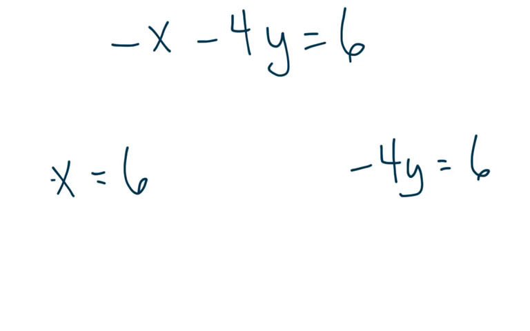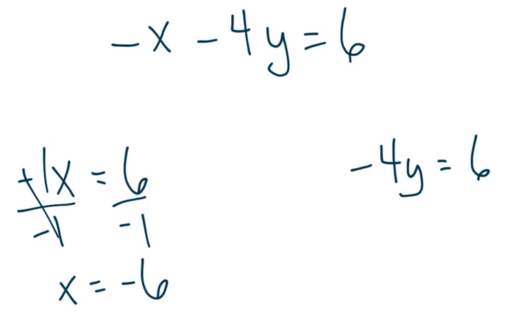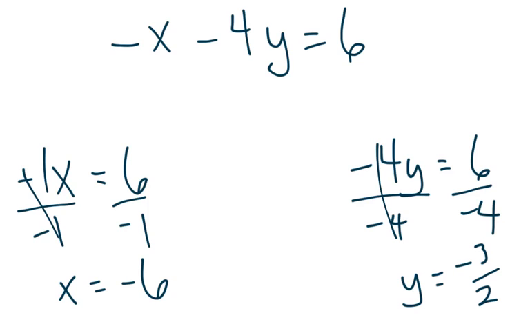So I'm going to divide by negative 1 on both sides, and I get that x equals negative 6. Over here, I'm going to divide by negative 4 on both sides, and this will reduce to negative 3 over 2, or negative 1.5. It depends on how they've written it in the answer sheet.